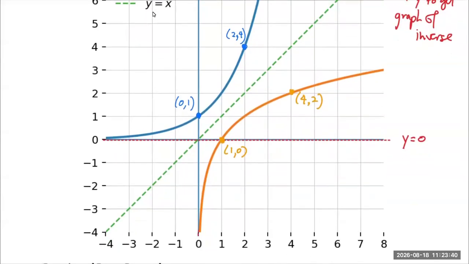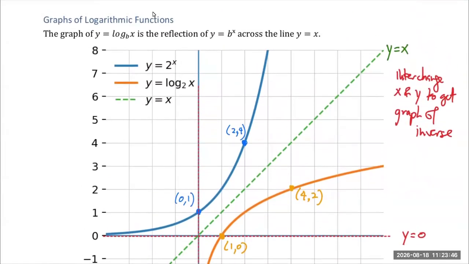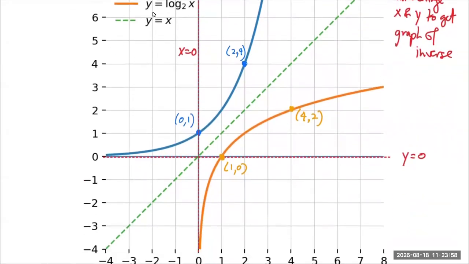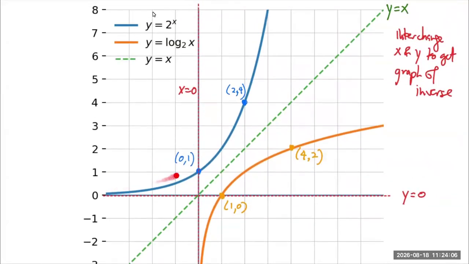So if I were to do that, I would get this vertical asymptote here, like this. And I could label that as x equal to 0. So this orange graph that we've just drawn with this new vertical asymptote is the graph of the inverse of the exponential function.